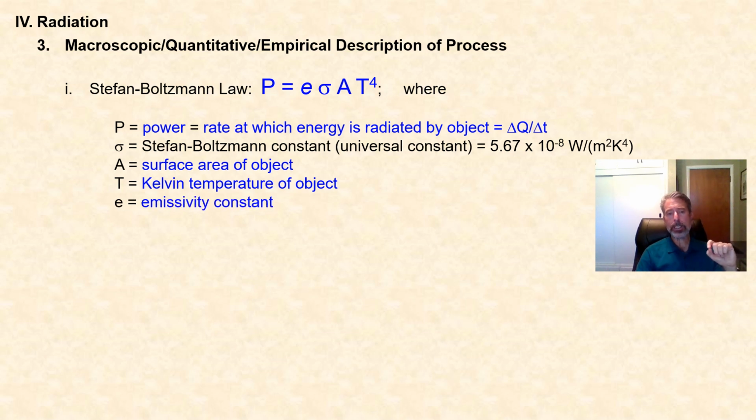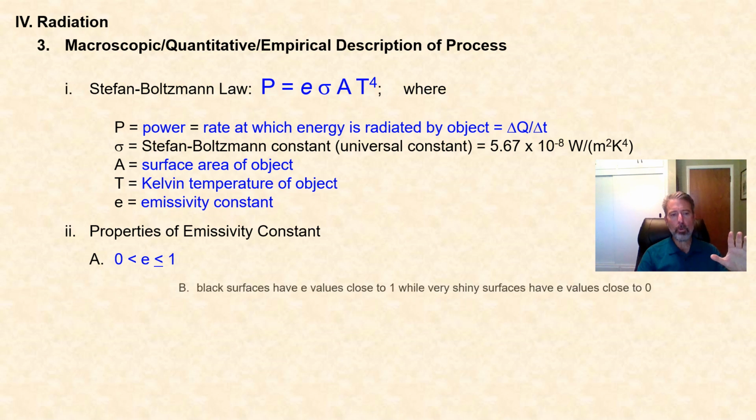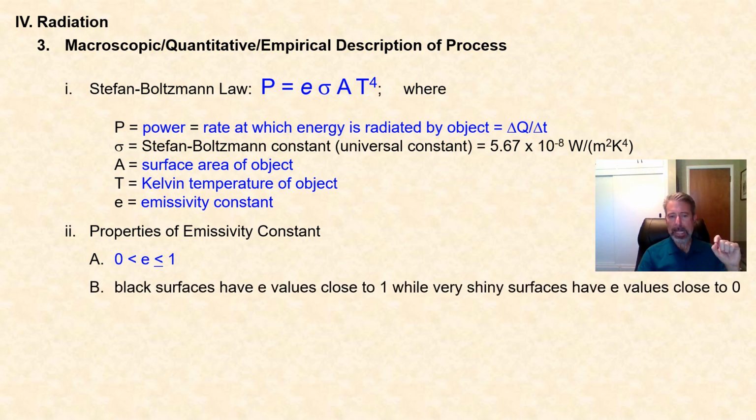e is what we call the emissivity constant, and we'll talk in just a second about what it means. Right now, the emissivity constant has a range of values anywhere from 0 to 1. And it turns out that black surfaces have emissivity values very close to 1, while very shiny surfaces have emissivity values very close to 0. Why?